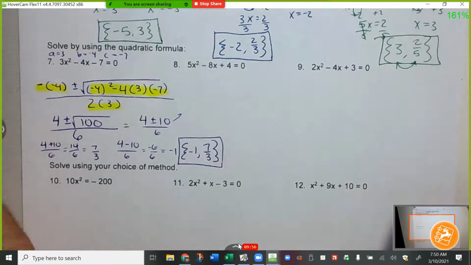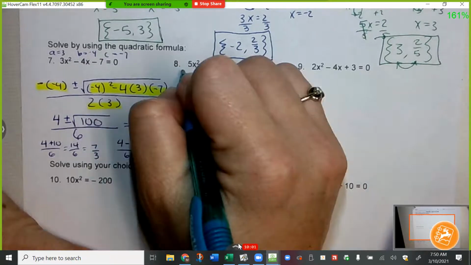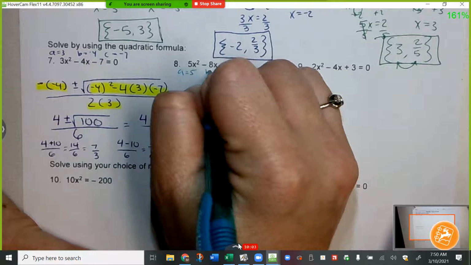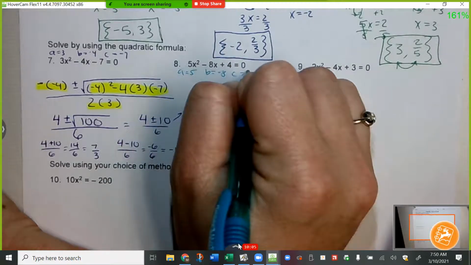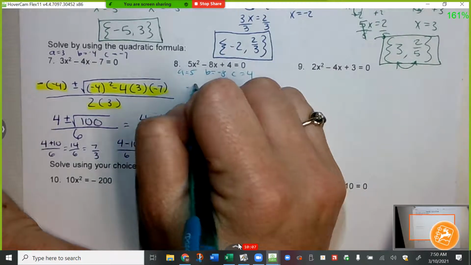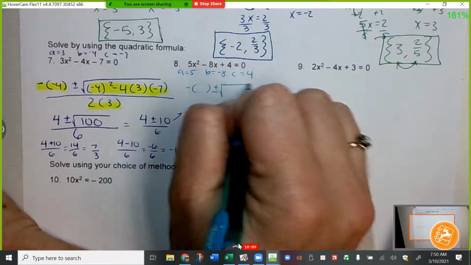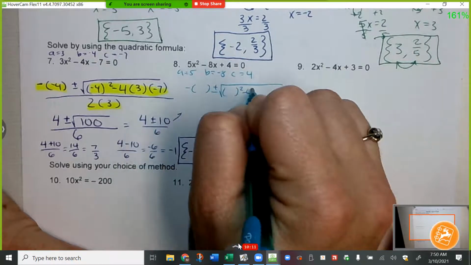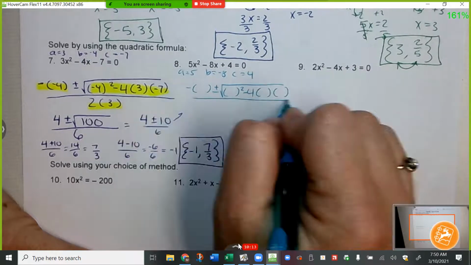Okay, so again, A is 5, B is negative 8, C is 4. Negative B plus or minus square root of B squared minus 4 times A times C all over 2A.